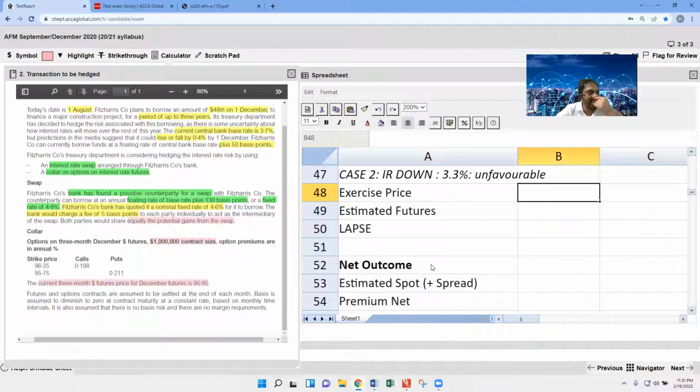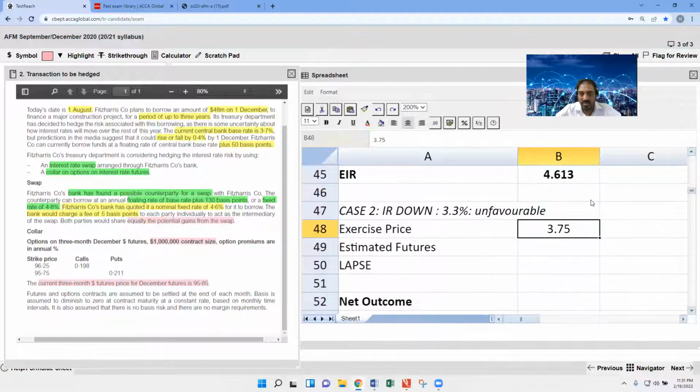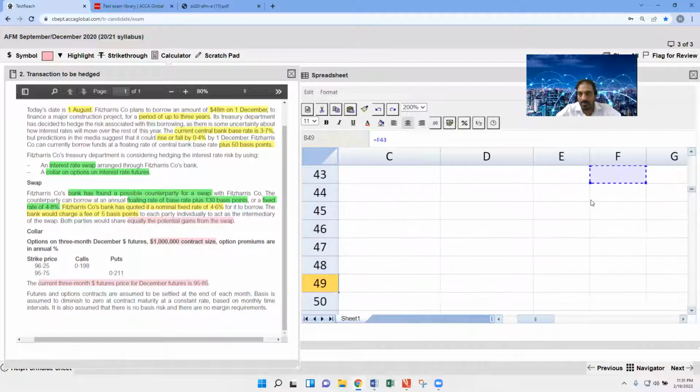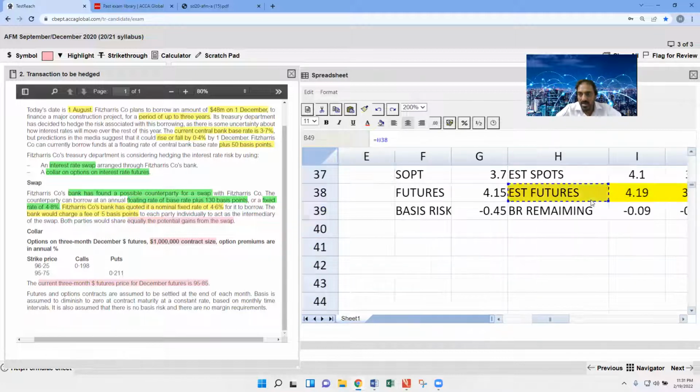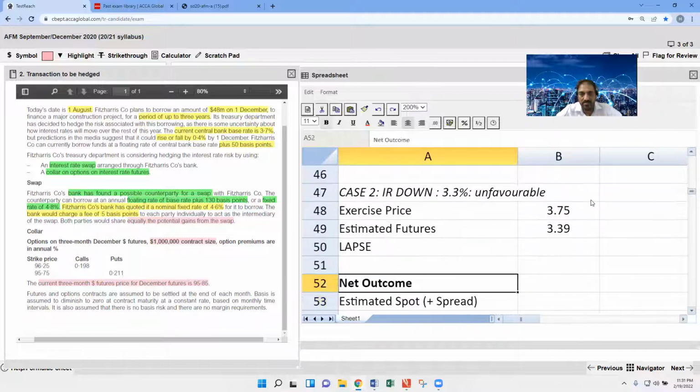Here the exercise price that we need to consider is 3.75. And the estimated futures are 3.39.